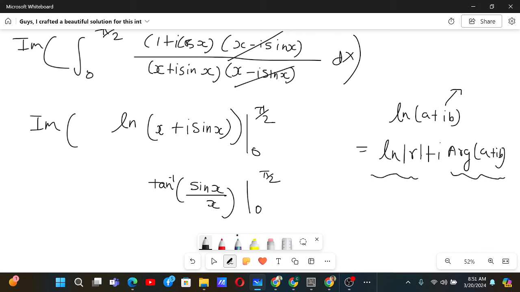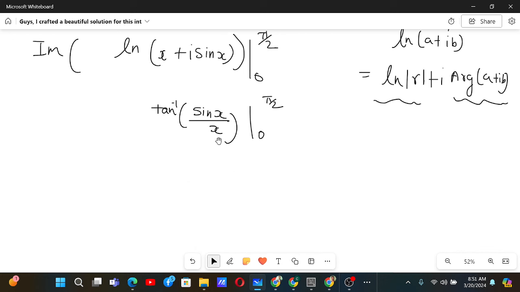Now at pi by 2, sin is 1 and x is pi by 2 itself, so we have tan inverse of 2 by pi, minus the value at 0. Basically we can evaluate this as a limit, not exactly at 0 but at 0 plus, and that is still fine.